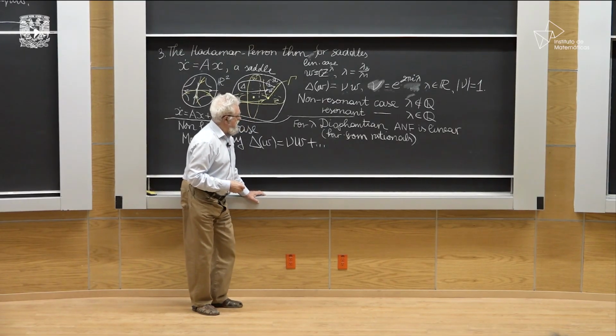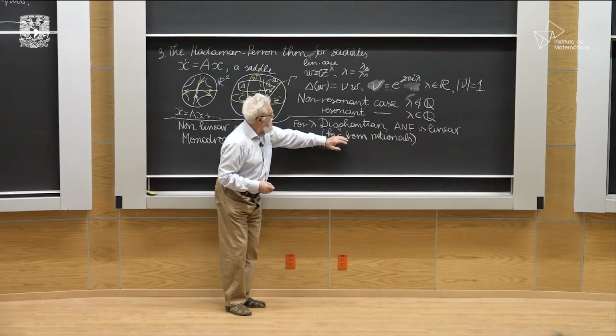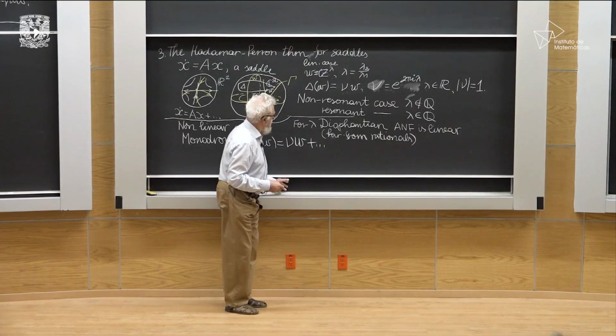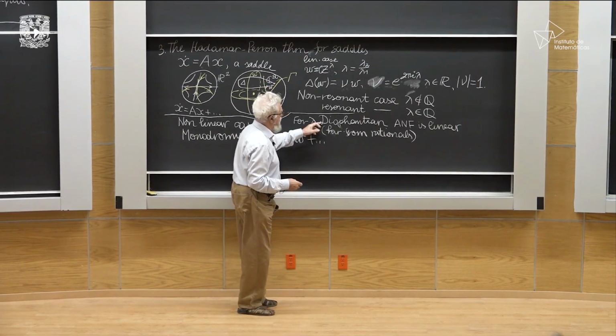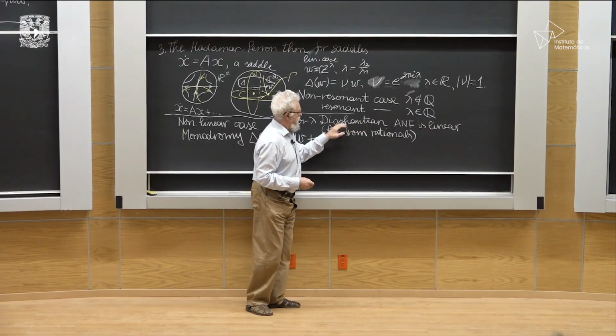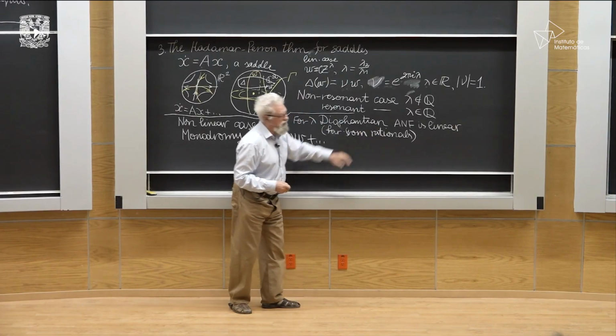And for the Diophantine number, the analytic normal form is linear, and for lambda Liouvillean, I do not write this on the blackboard, the analytic normal form is not linear.